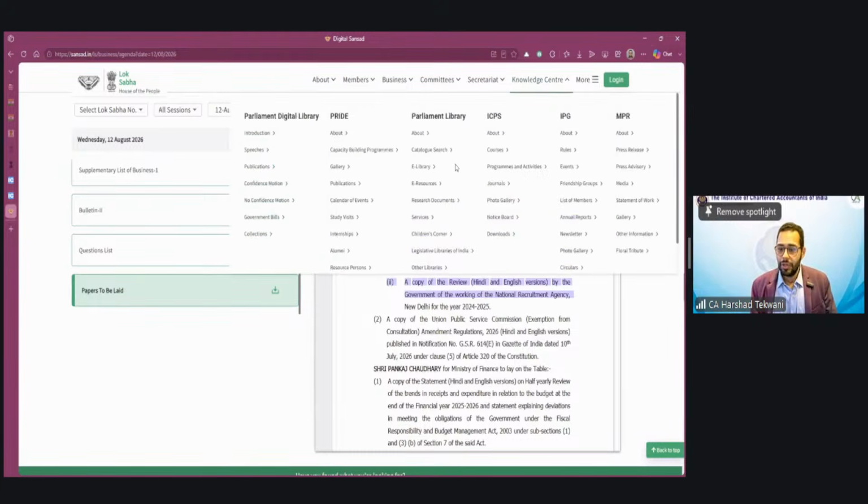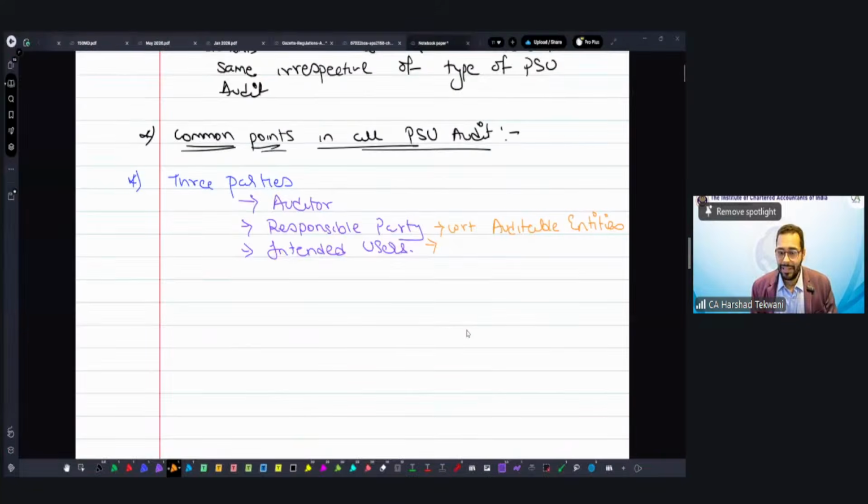These are the intended users for whom the audit is being performed, or who will be provided with this audit report. That is one of the basic elements of PSU audit. What is the second basic element of PSU audit?